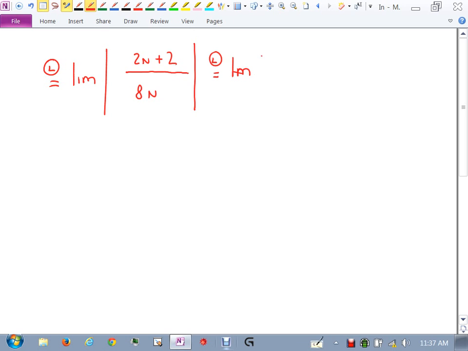So I have, by L'Hopital's rule, the limit of 2n plus 2 over 8n, right? L'Hopital again, 2/8, which is 1/4, right?